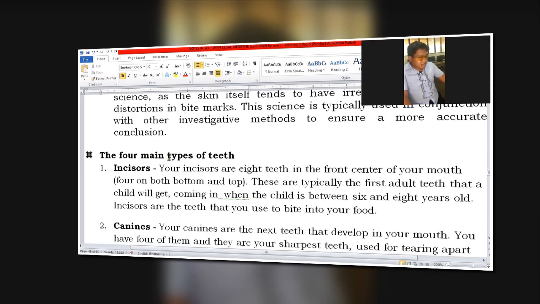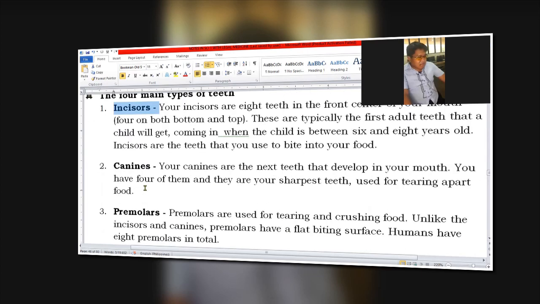There are 4 main types of teeth. Let us find out about teeth so we are updated. We have our teeth, but sometimes we do not know their names. The 4 main types of teeth are, first, incisors. They are called incisors because they are for cutting, and they are at the front, flat.